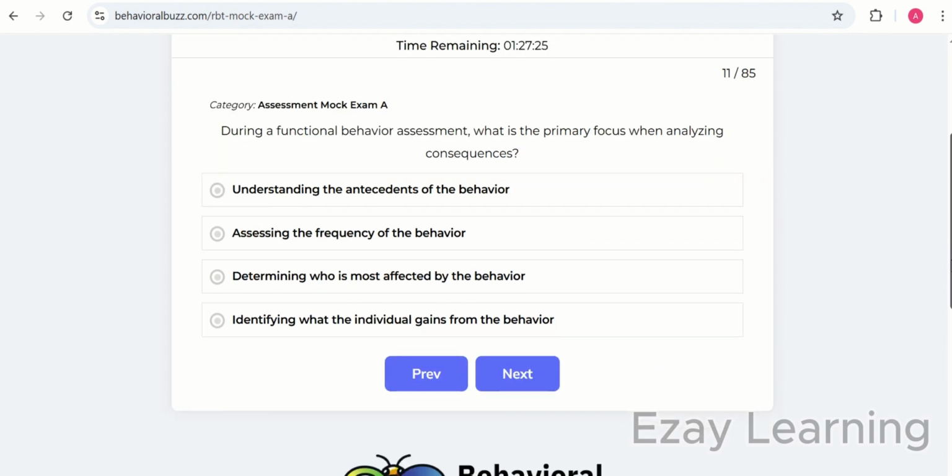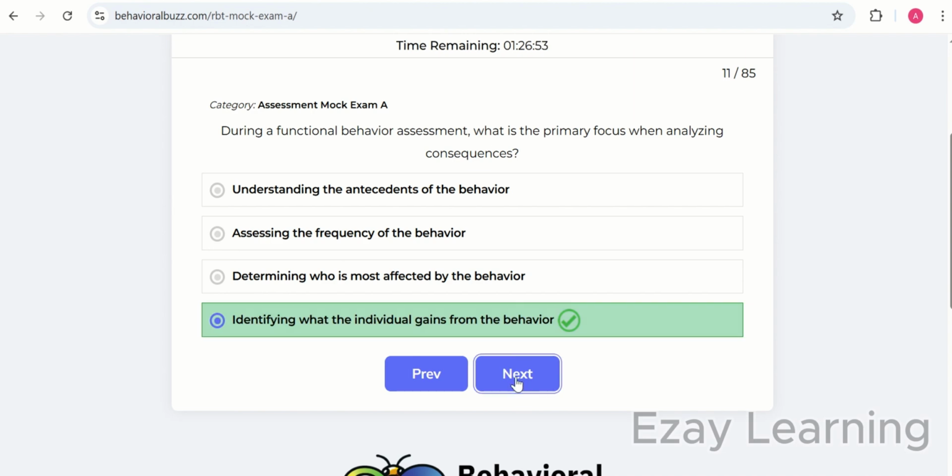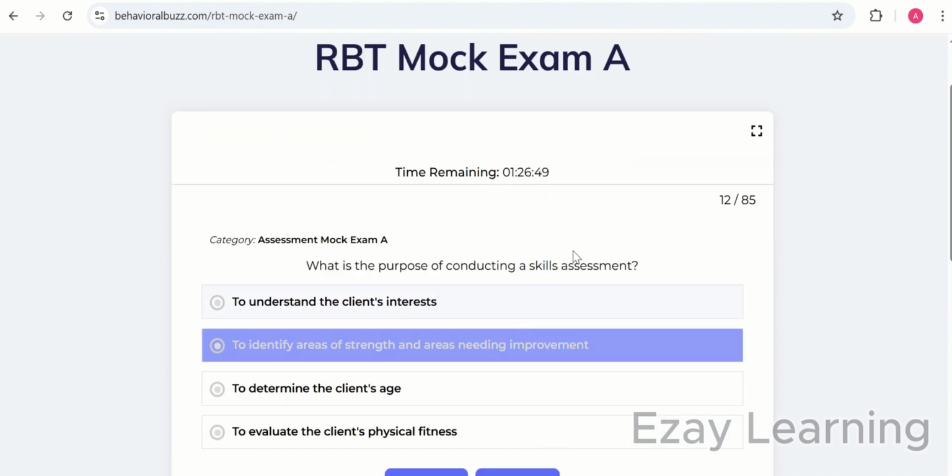During a functional behavior assessment, what is the primary focus when analyzing consequence? Consequence is basically what happens after the behavior. So you have to identify what the individual gains from the behavior. What is the outcome or consequence of the behavior?